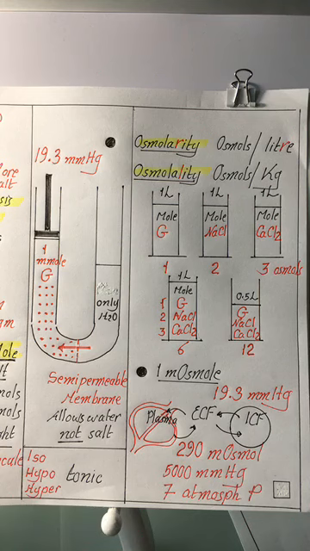You give him a liter of a certain solution, half a liter, 2 liters. So let's make the osmolar concentration related to the liter. The osmolarity is the number of osmoles per liter. This is what we use, the osmolarity. But they have another term, osmolality, which is the number of osmoles per kilogram of water.